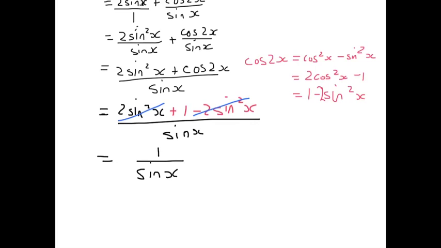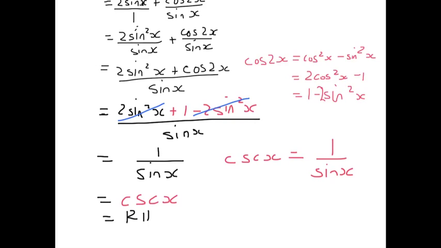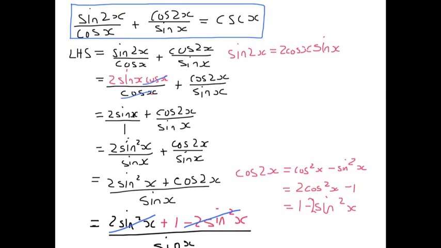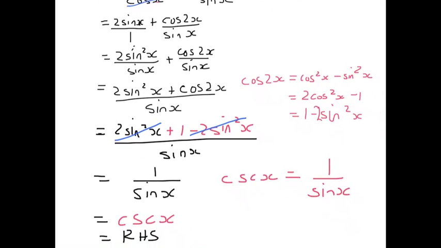And you know that cosecant x is equal to 1 over sine x. So now we are pretty well done. That is equal to the right-hand side. Remember we wanted it to look like cosecant x. And we have achieved that result.